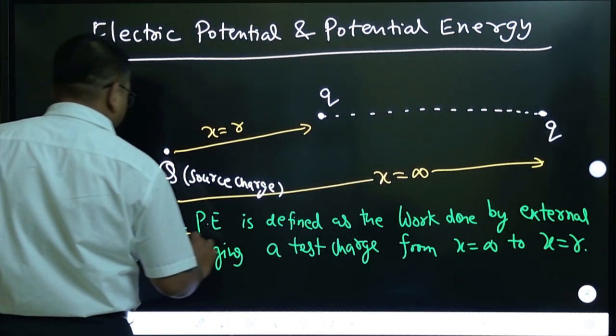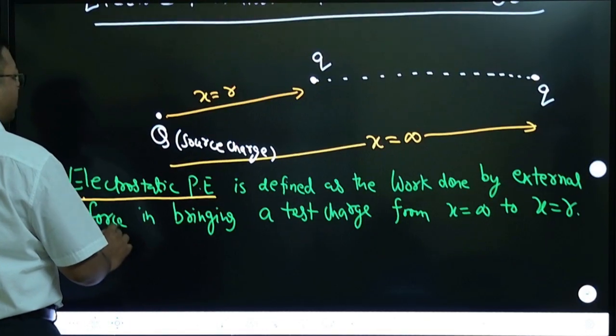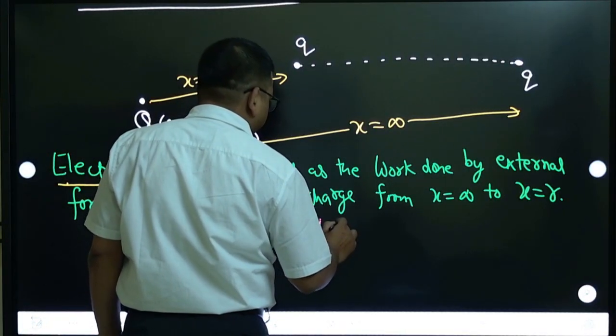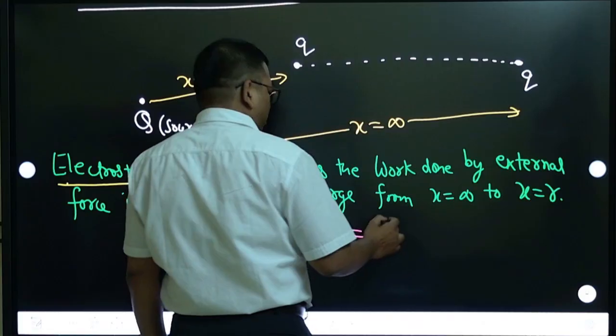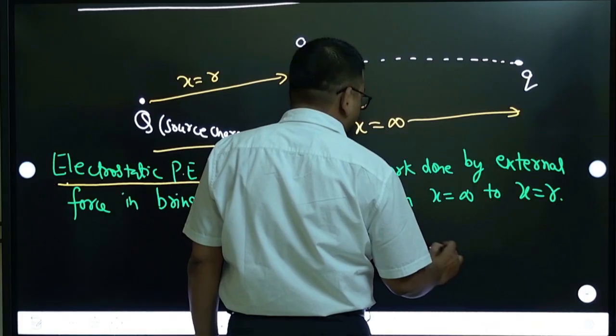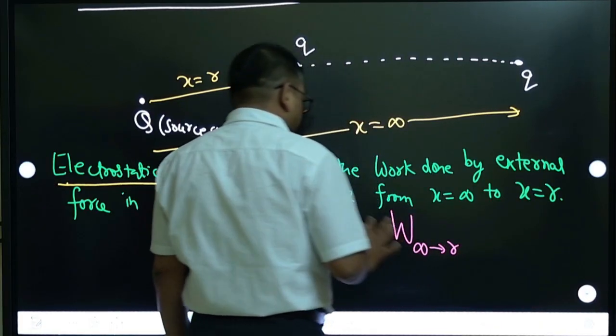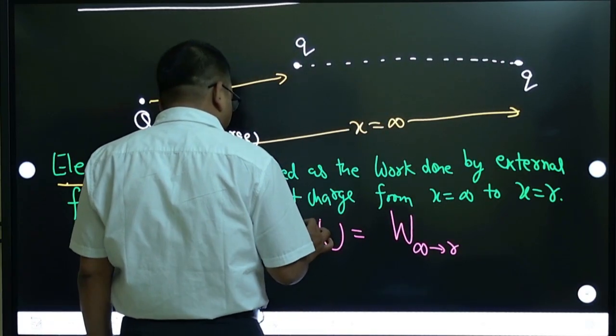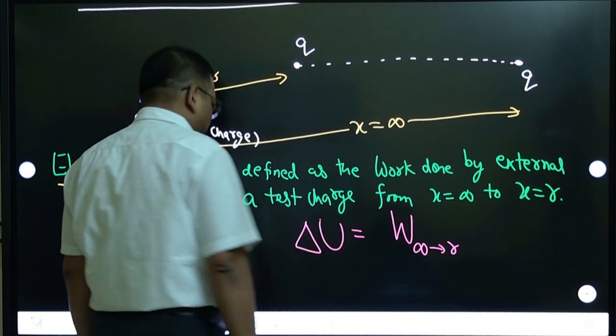So if I write an equation for that, this potential energy is equal to the work done in bringing the charge from infinity to that point. Actually, this is not just the work done, it is the change of potential energy. Note that.